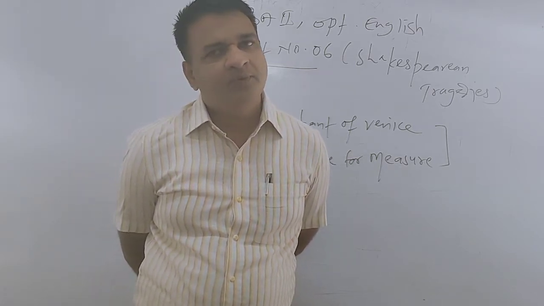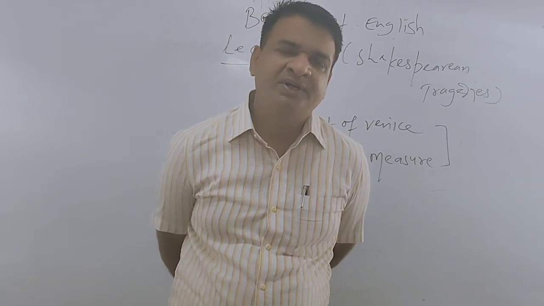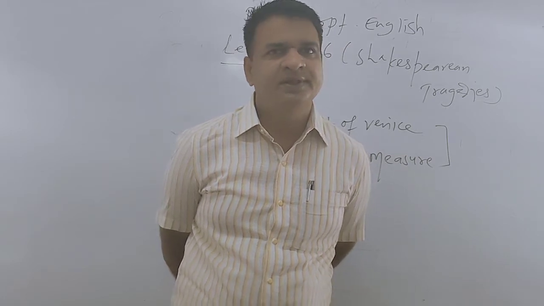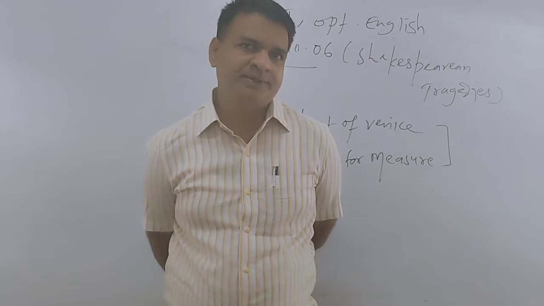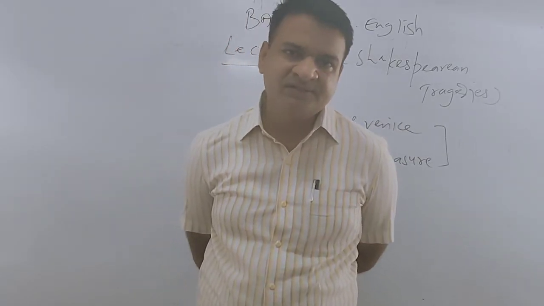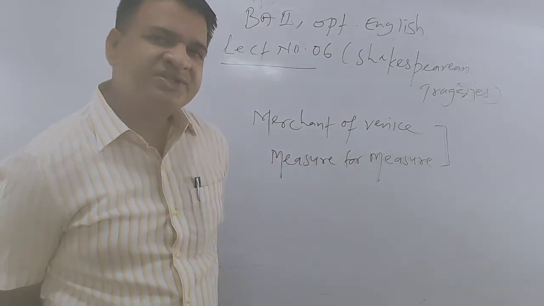And when we think about comedies like All's Well, As You Like It, Midsummer Night's Dream, Comedy of Errors, there are so many comedies written by William Shakespeare. But as for the first unit, Shakespearean tragedies, its characteristics and plot, we are just discussing the tragedies.